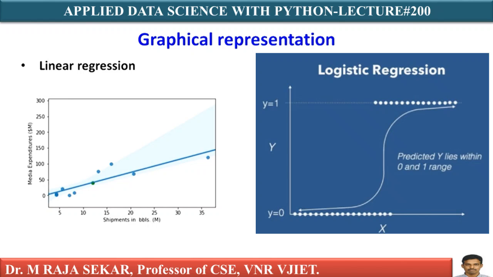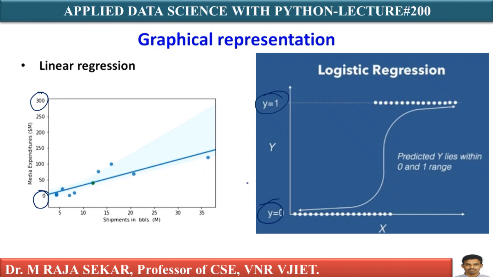What is on the y-axis? In the case of linear regression, your values are from 0 to 300. These are actual values of your dependent variable. Whereas in the case of logistic regression, you have only two possible values, y equals 0 and y equals 1.